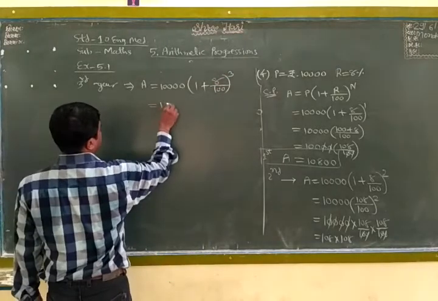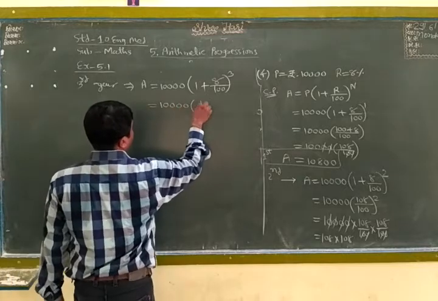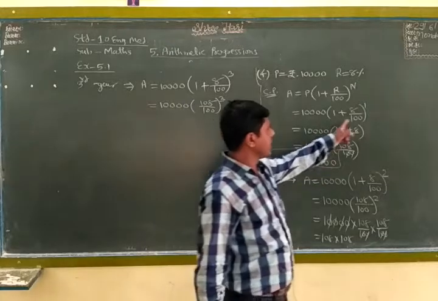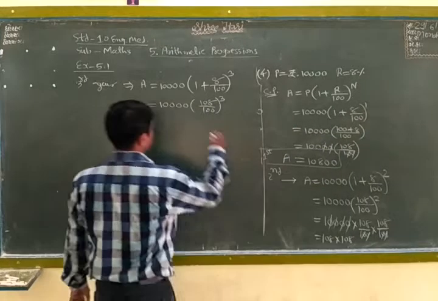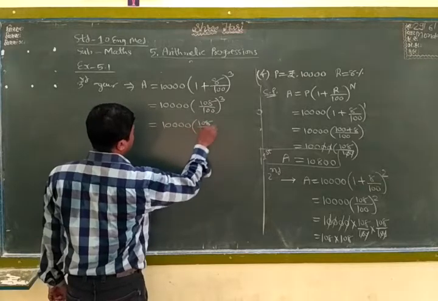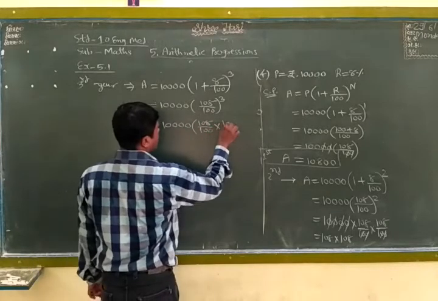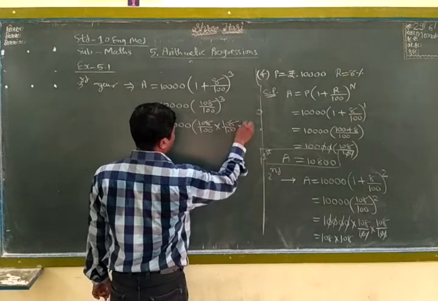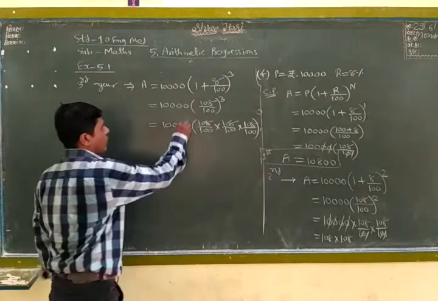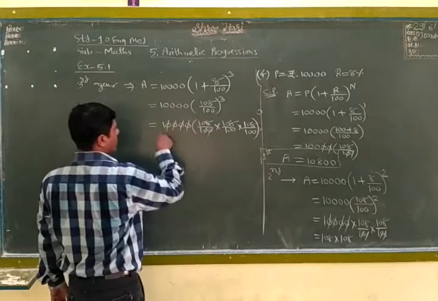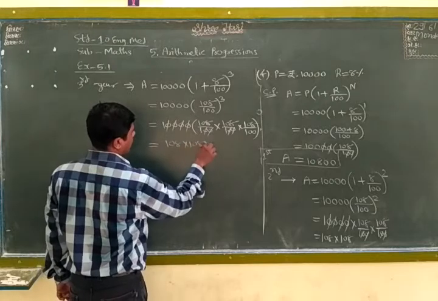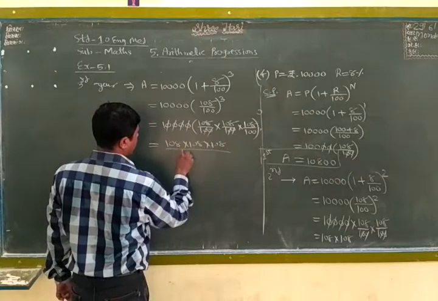So what happened? 10,000, 108 by 100, because we took the LCM, same LCM, 100, so we get 108 by 100, 3 times. Okay, now cut. So remaining 108 into 108 into 108 upon 100.